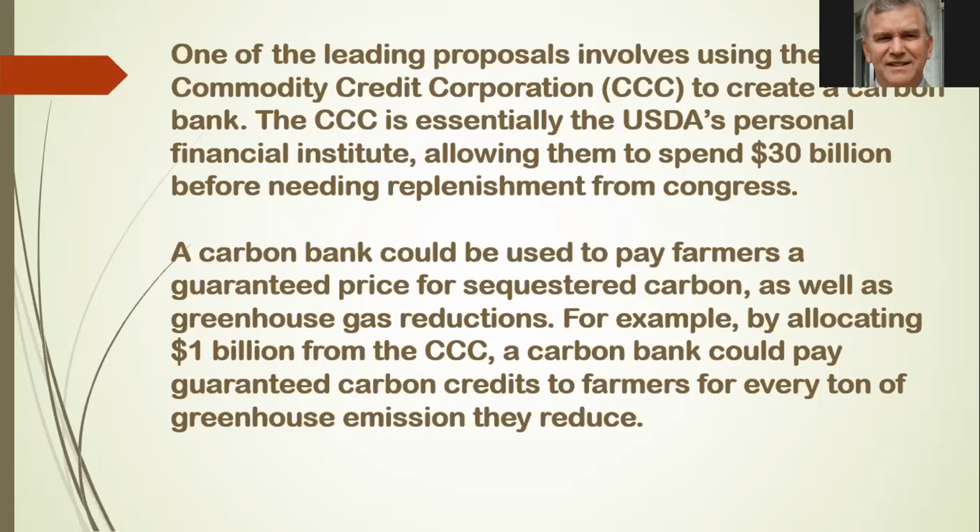And the government, the people's money, taxpayers' money, would be used in the case of this national carbon bank to pay those farmers for increasing the soil organic carbon, the SOC, in their fields. And they would be paid by the ton of carbon that they deliver and capture in their fields. Next slide.